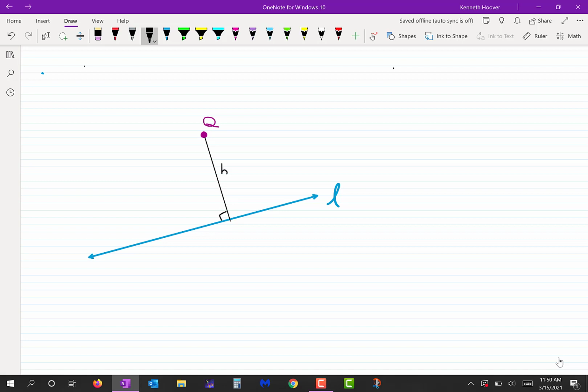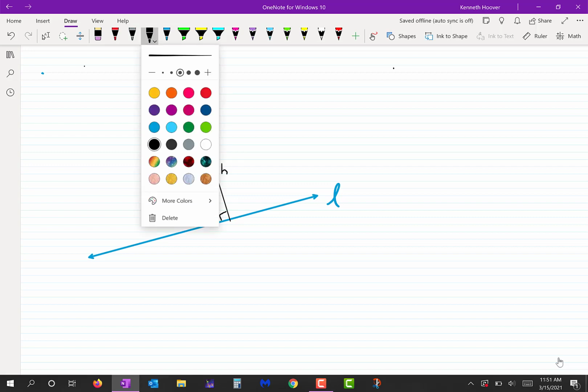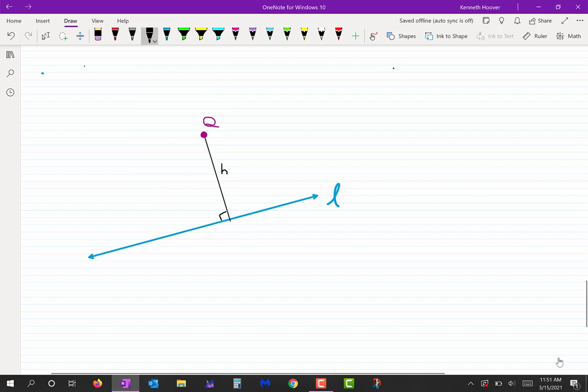Well, it's pretty easy to do. You have to remember something. When we are given line L, we can find an initial point and a direction vector, right? Now, I don't know where that point will be. Just for the sake of argument, let's draw it over here.